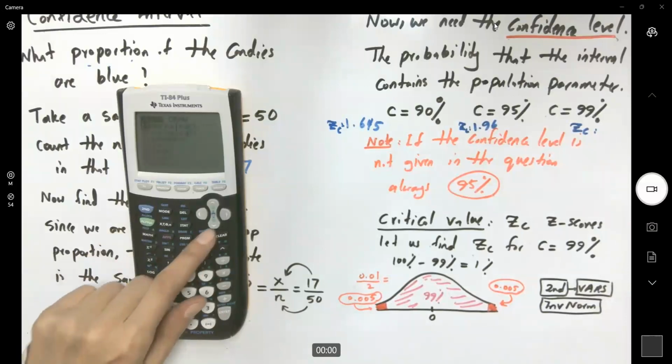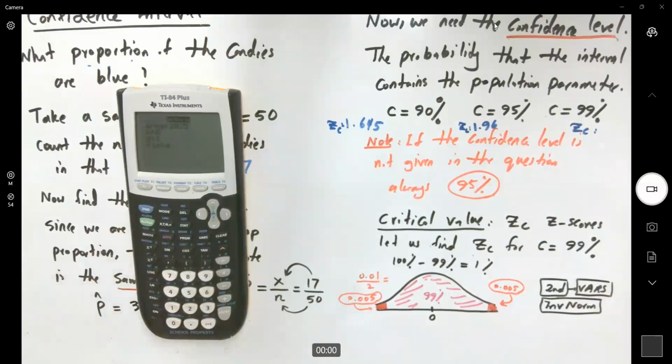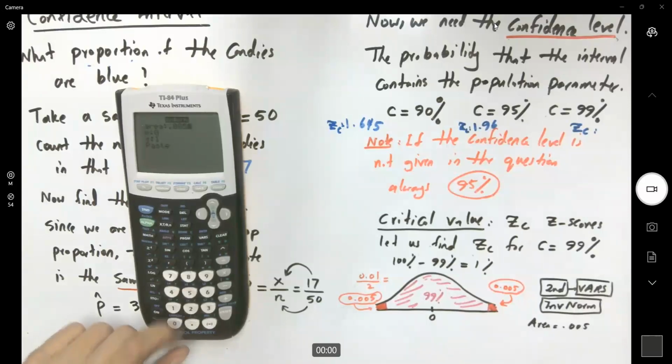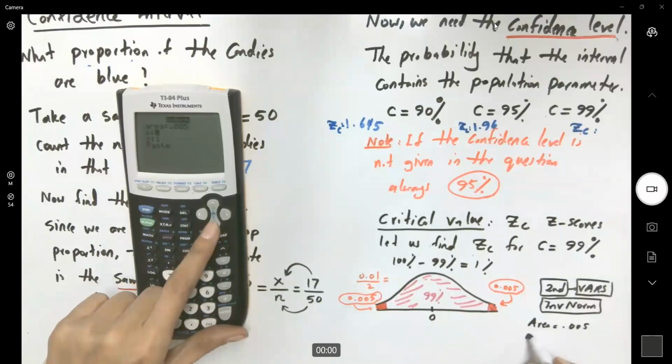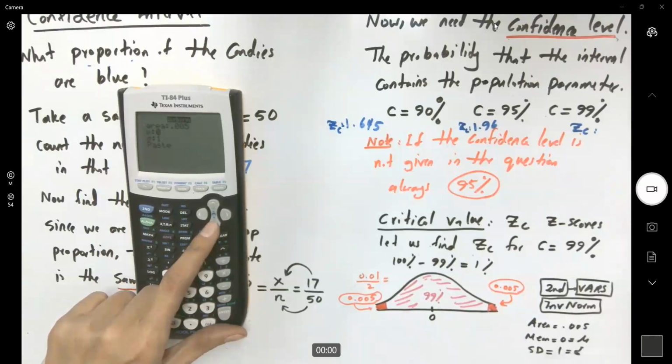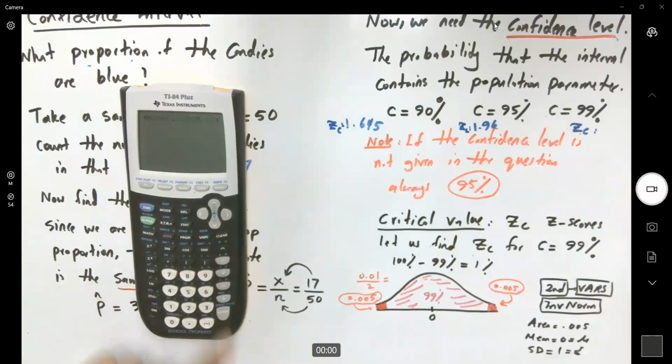Second, VARS, inverse norm. The area is 0.005. The mean is 0. Standard deviation is 1. So let us just calculate that.